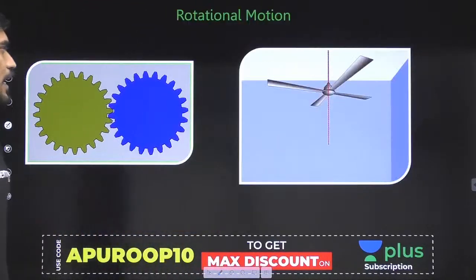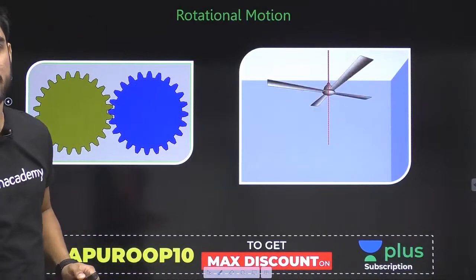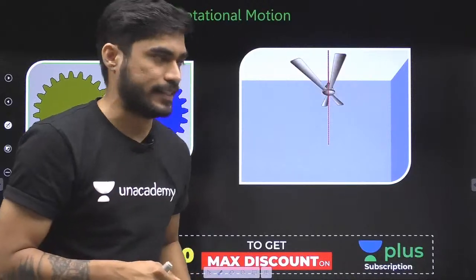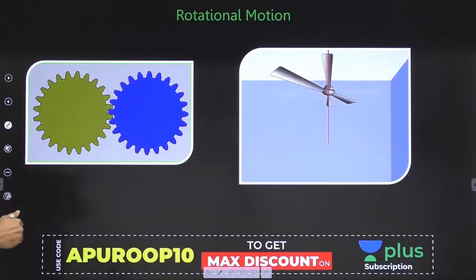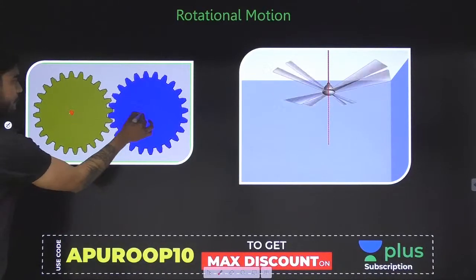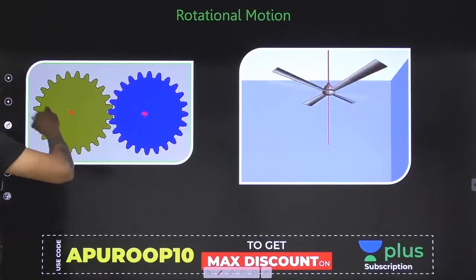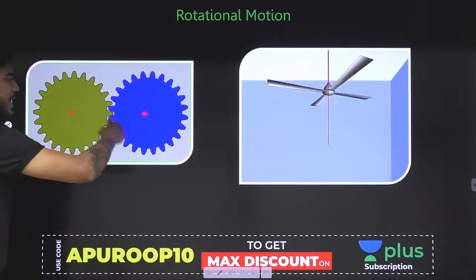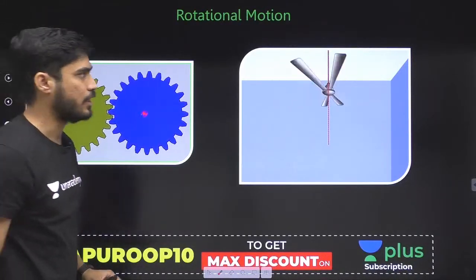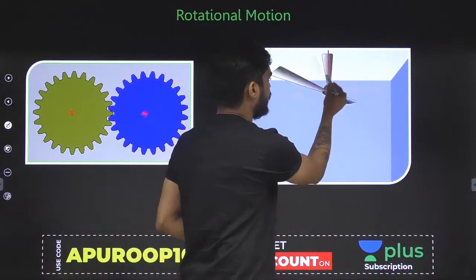Now, what is rotational motion? It is circular motion about a fixed axis, about a fixed center of rotation. Look at this case. This is a fixed center of rotation. These gears are rotating. They are in circular motion about a fixed center of rotation. Look at the blades of this fan.